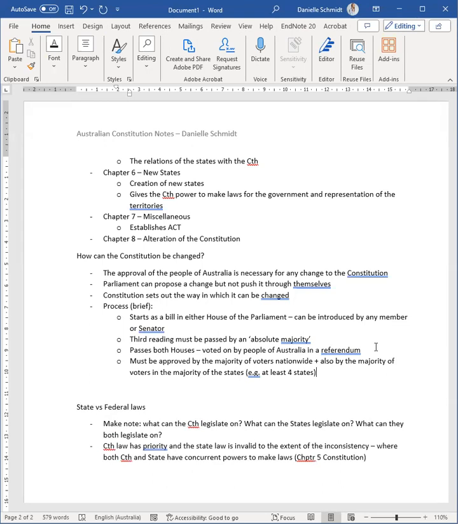So many have been discussed over the years, but most have not gone as far as referendum or have been rejected at referendum. There have been 44 proposals to alter the Constitution which have been passed by the Parliament and submitted to referendum, but only 8 have been successful. And we're not going to take note of these, but to give you an idea, some of them are: the Commonwealth can take over state debts. The Commonwealth can make agreements with the states about the state's public debts and borrowing.